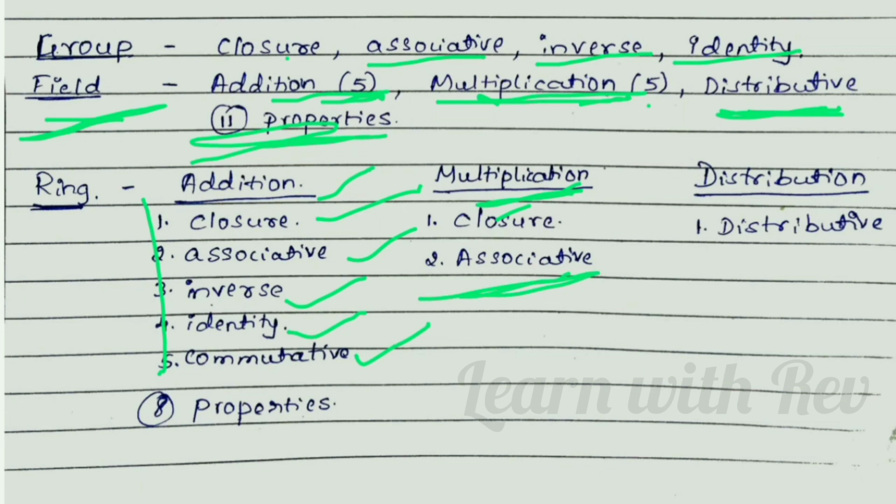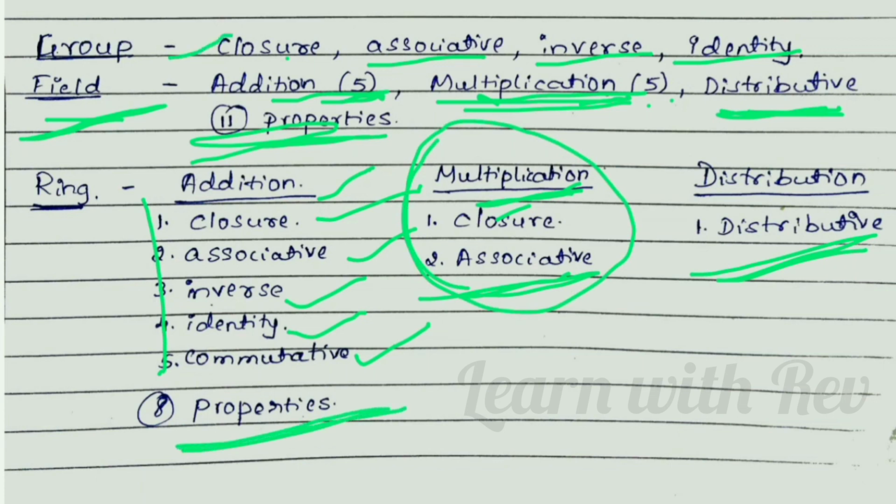Under distribution only one law, that is distributive. So the only difference is that in field we have all 5 properties under multiplication, but in ring under multiplication we have only 2 properties. Total 8 properties. So group, after that ring, after that field has total 11 properties.